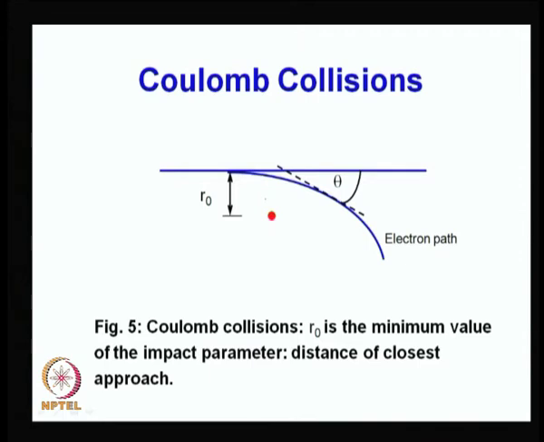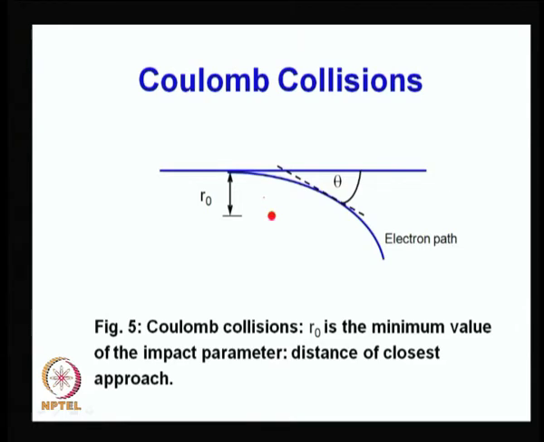Now, what is of interest here in the diffusion phenomena is the collision of unlike particles, collision of electrons with ions or ions with electrons in the plasma fluid. And here we take recourse to Coulomb collision and Coulomb collisional cross section.